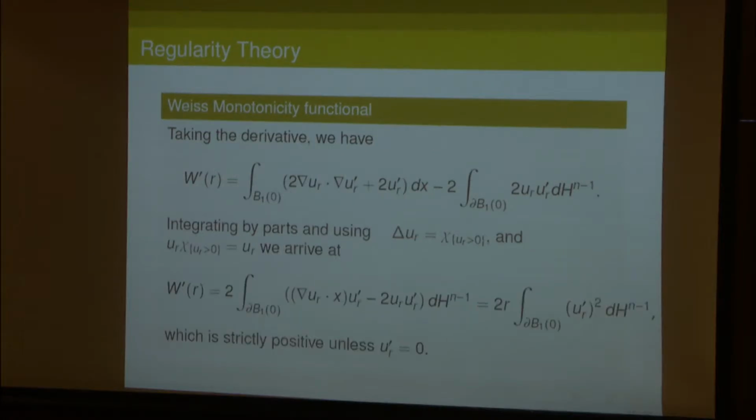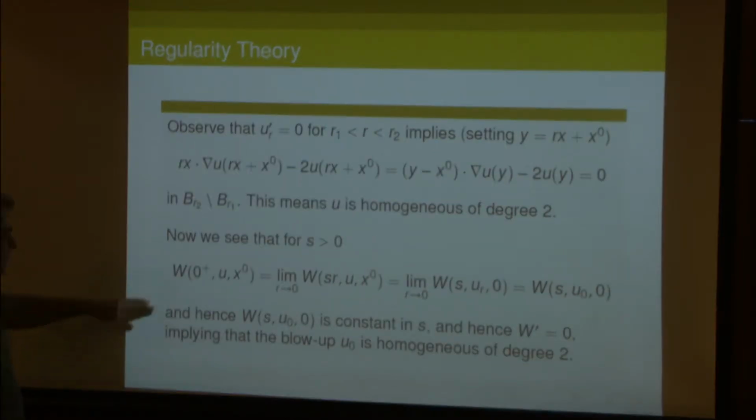Here is the drill. The monotonicity formula tells me that if W is constant, it is going to be homogeneous of degree 2. It means W' is 0, and W' is 0 means that u_r' has to be 0. So it is homogeneous of degree 2.